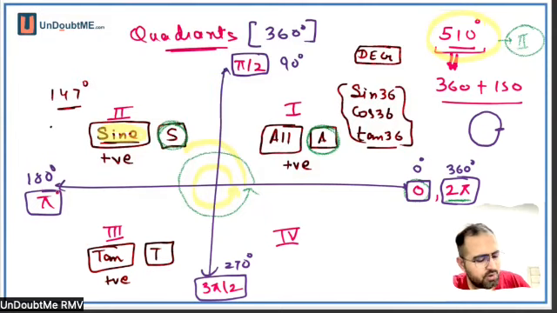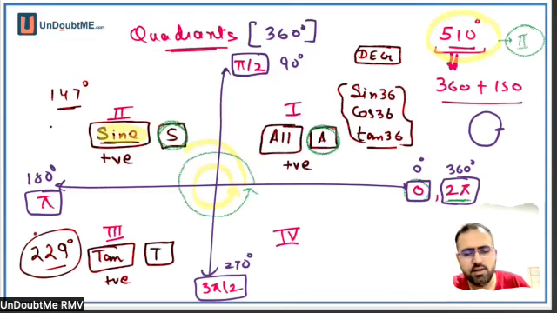So take any angle of the third quadrant, let us take 229. I'm taking any random angle. Find the values of sine, cos, and tan for 229 and check the sign of them. Sine and cos should be negative, tan should be positive for this 229.